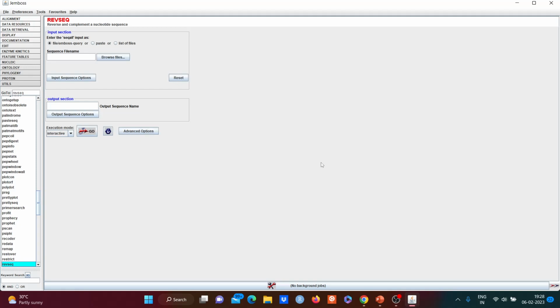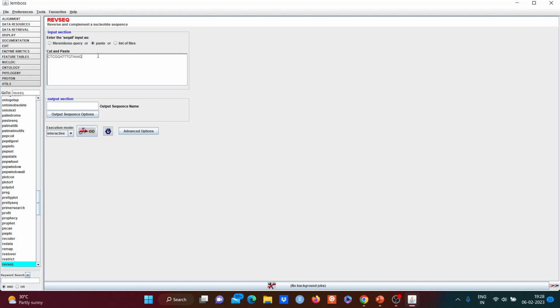When you open RevSeq, it looks like this, where you can browse files for input, or we can paste the sequence. So I'm pasting the sequence. This is our input. No need to mention the 5' and 3' ends, just input the sequence.